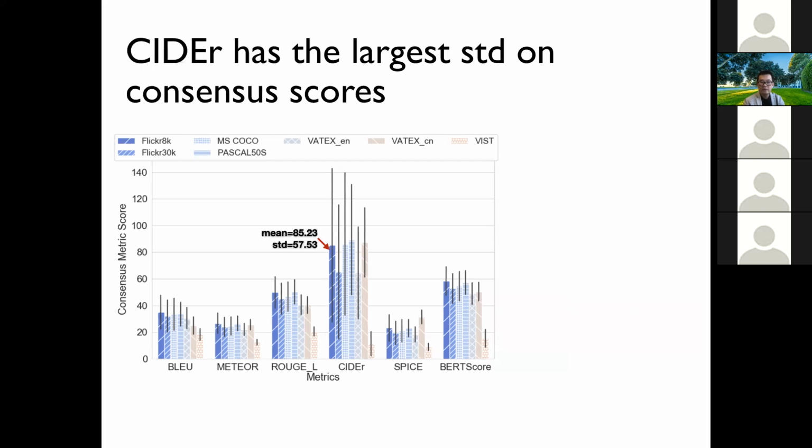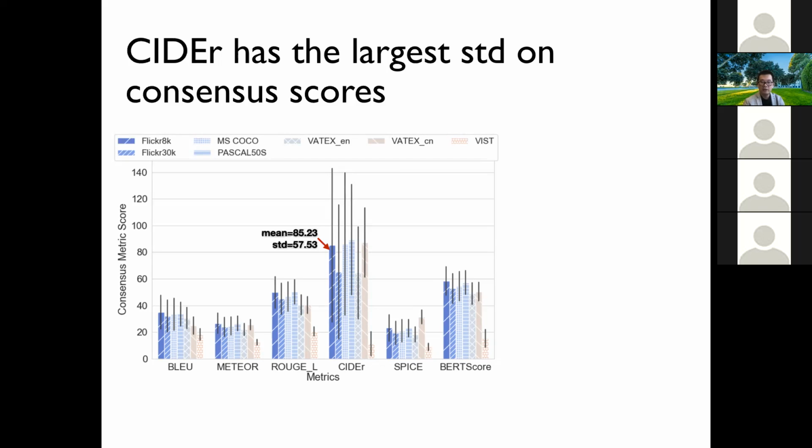A lot of you have been using Cider for video or image-based language evaluations, and it turned out that Cider has a large standard deviation on the consensus score, regardless of what particular data set you're looking at. And here you can see clearly that this error bar is actually quite big for these consensus scores on all of these different data sets when you're looking at Cider.